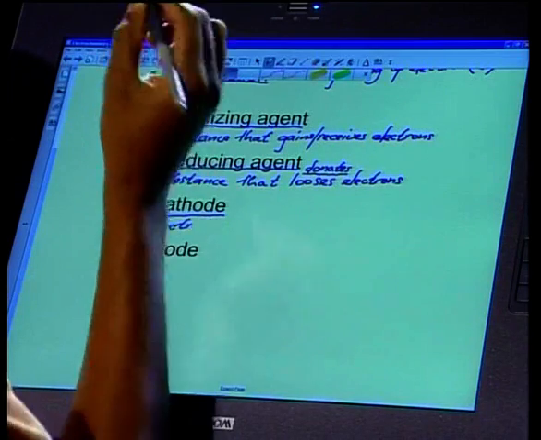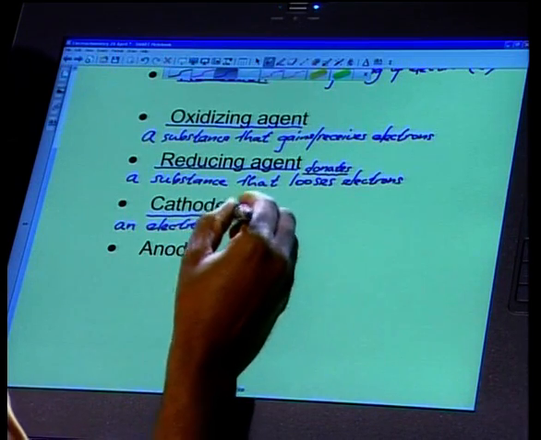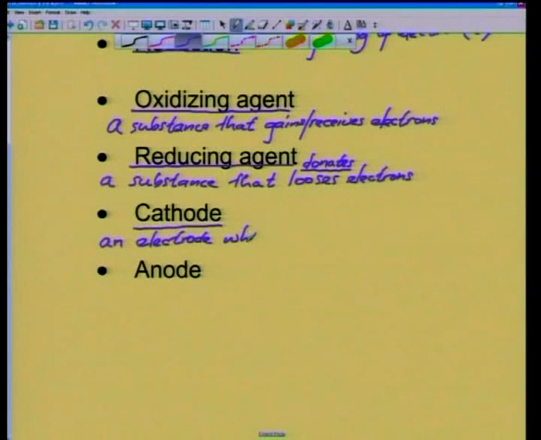A cathode is an electrode where reduction takes place. It's an electrode where reduction occurs. And then lastly, in our list of terms, we've got anode, and in this case, we define the anode as an electrode.